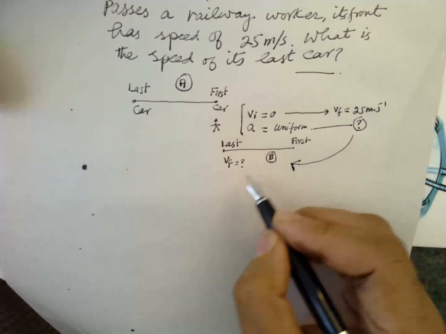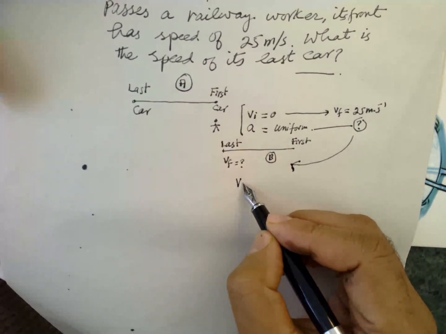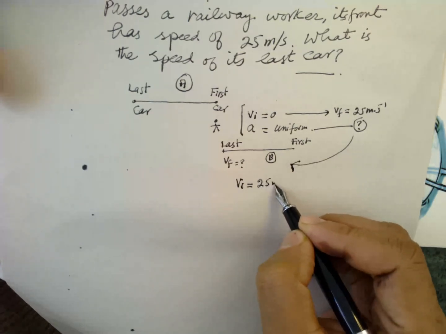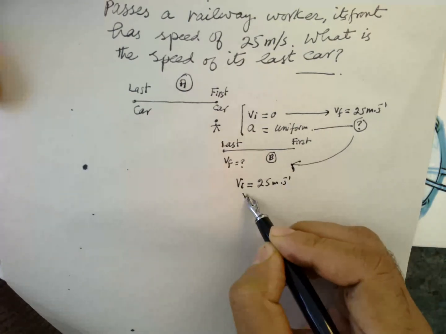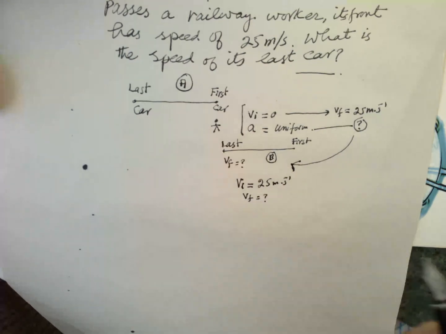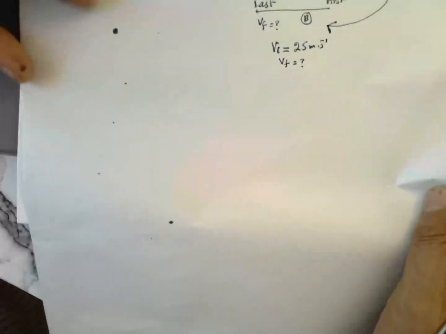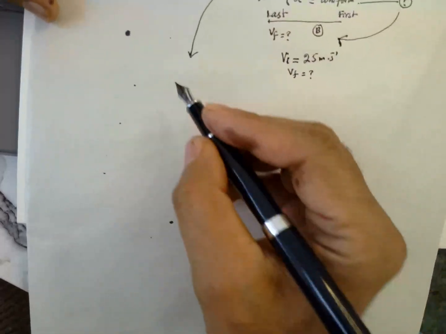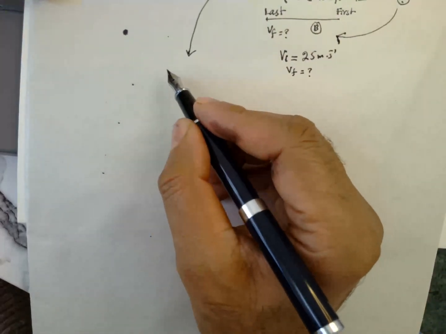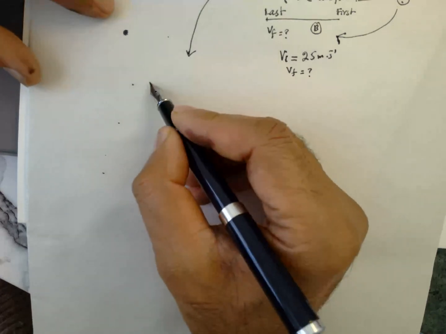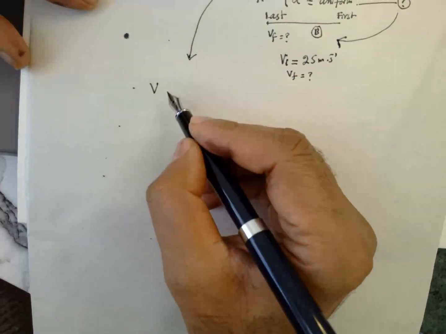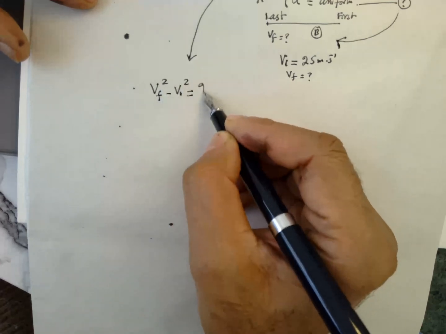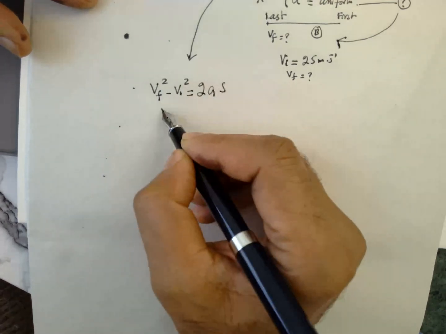In this case, B, Vi is equal to 25 meters per second, and Vf we have to find. So there are two things. First, we have to find acceleration. For acceleration, there's no time involved, so we will use Vf squared minus Vi squared equals 2as.